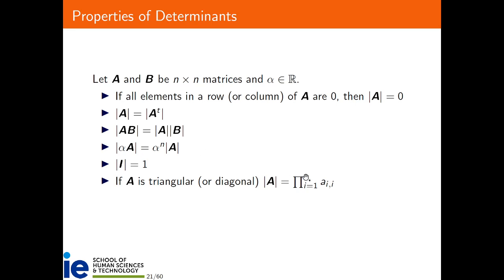And the last property, which also comes into play often, is that if I have a diagonal, or more generally a lower triangular or an upper triangular matrix, then its determinant is simply the product of its diagonal entries. So if I have a matrix which is triangular, its determinant is just the product of the entries on the diagonal. So it is very fast to compute. And again, in the interactive tutorial, you have an exercise which shows you how to take advantage of this property.